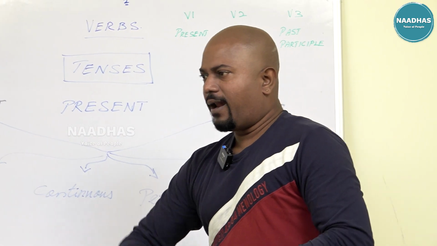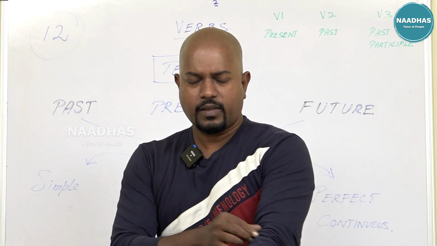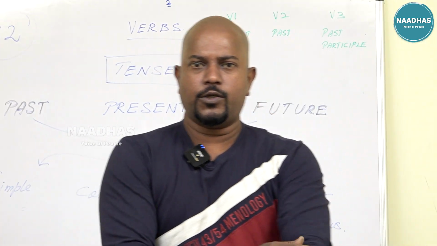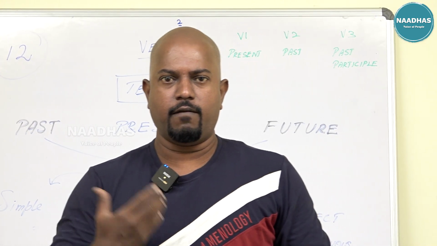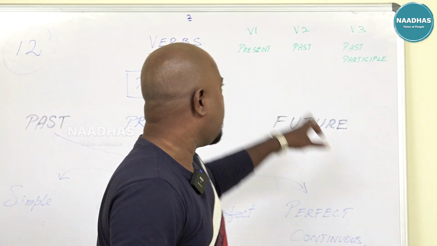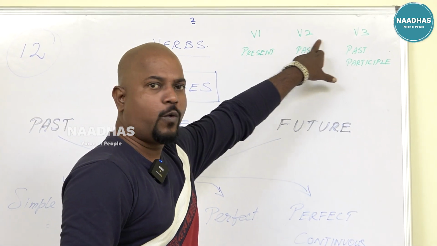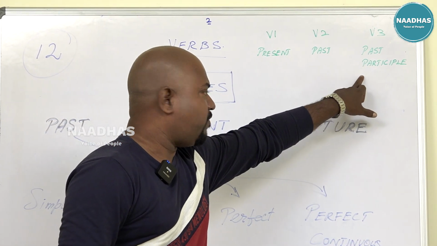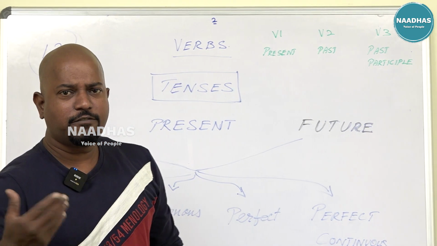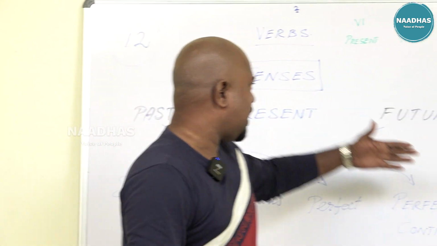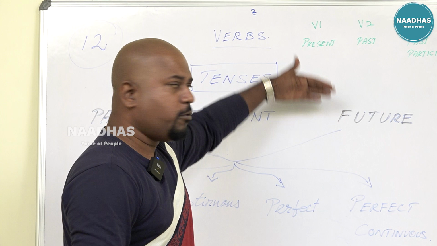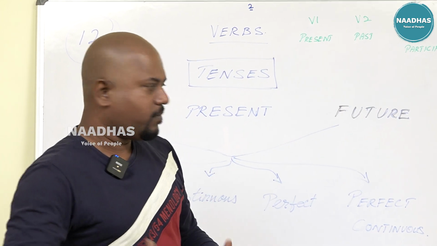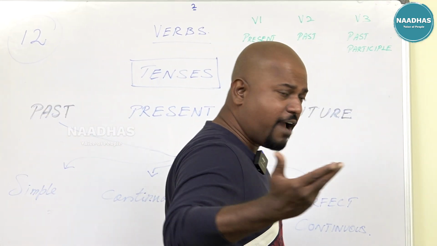And please do remember, you have to be more familiar with the verbs, I mean irregular verbs, with the V1, V2, and V3, the present, past, and the participle form, all right? I'll give some examples because if I write all the words on the board, it's going to take more time, right? So you can repeat after me.